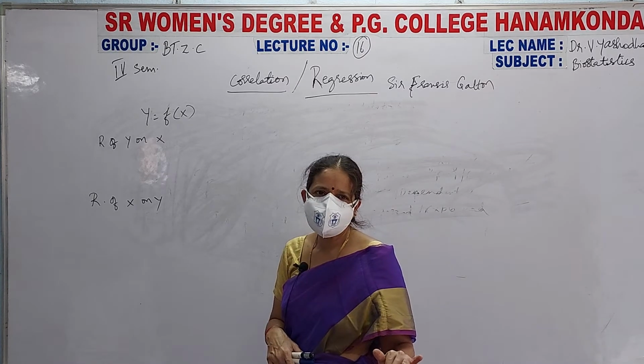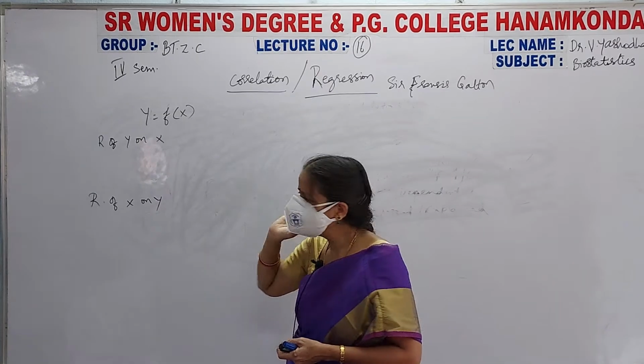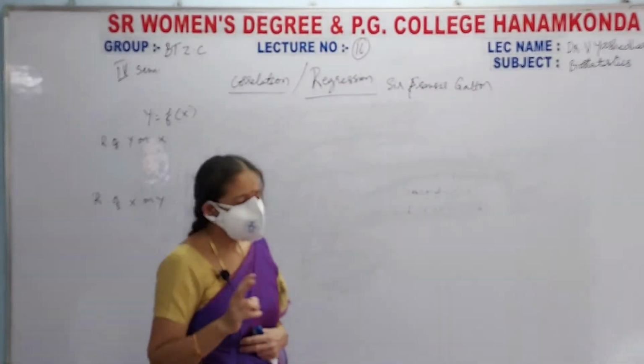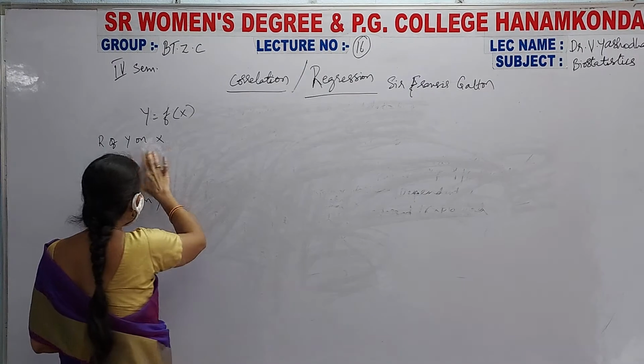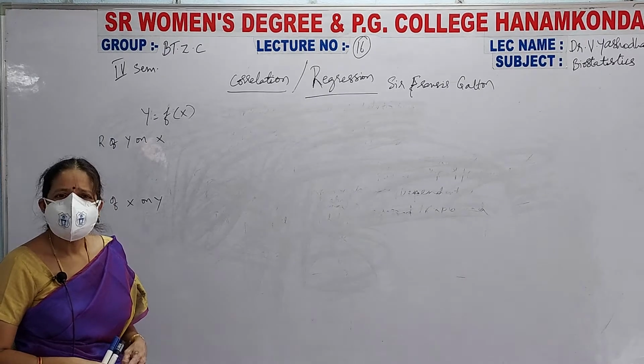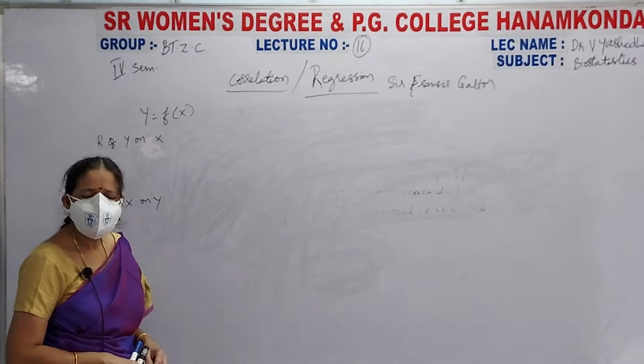In the mathematical method, y is equal to f(x), a simple formula. The algebraic method consists of 2 algebraic formulae, regression of y on x and regression of x on y. X is an independent variable or known variable, y is a dependent variable or unknown variable.